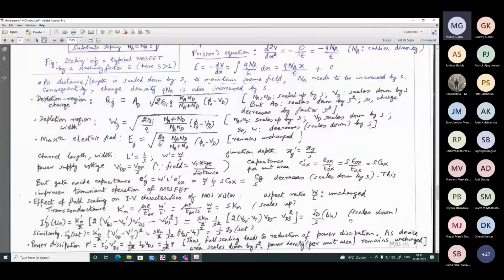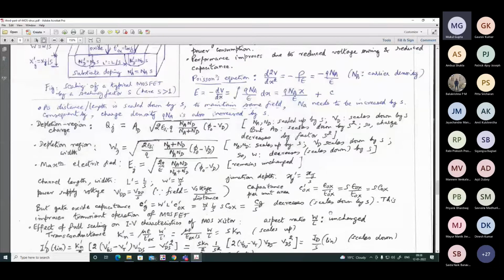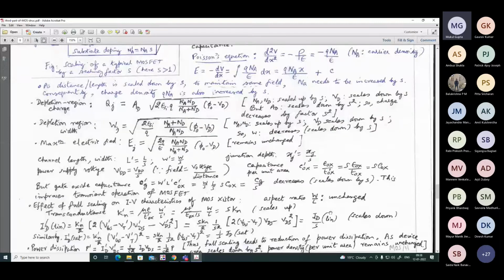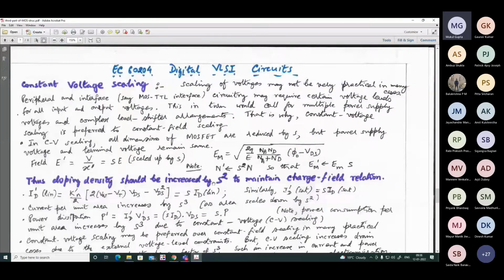But for constant voltage scaling, you need to consider something practical. That means scaling of the voltages may not be practical in many cases. We are bringing down the voltage by a factor of S. Within one technology, it is fine, within MOS.